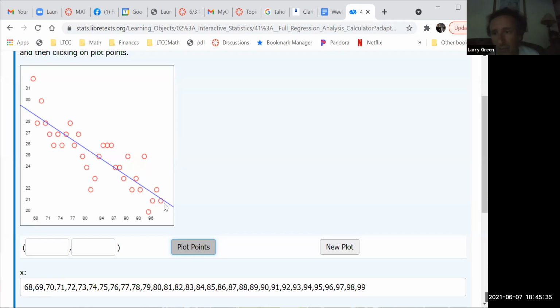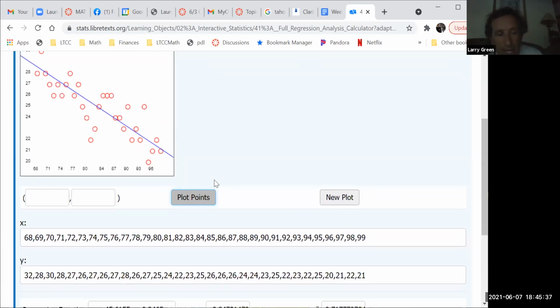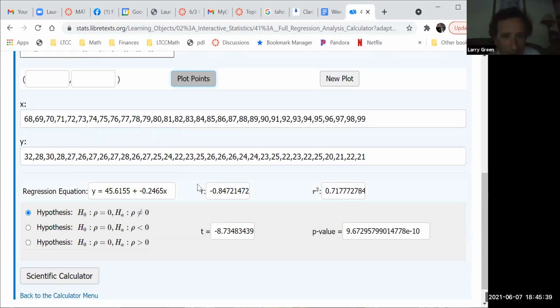So let's see how good our guess was for the r. Not bad. Negative 0.847 or so. In fact, to one decimal place, negative 0.8. So we can say that there's a pretty strong correlation. So let's write that out.